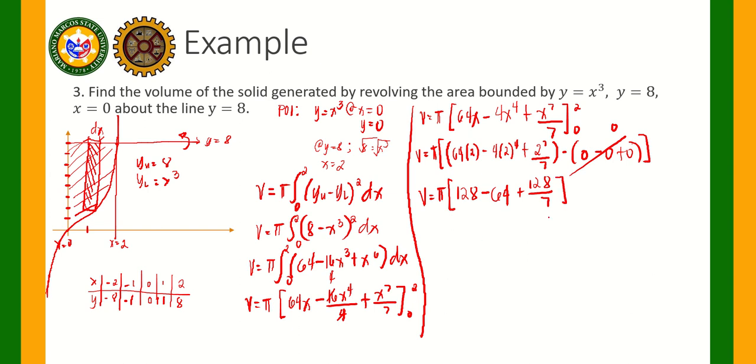So if we are going to compute this one, we will have a value for the volume of the solid generated equal to 576 all over 7 pi cubic units. So this is our answer for example number 3. So that is how to use the circular disk method in finding the volume of a solid generated.